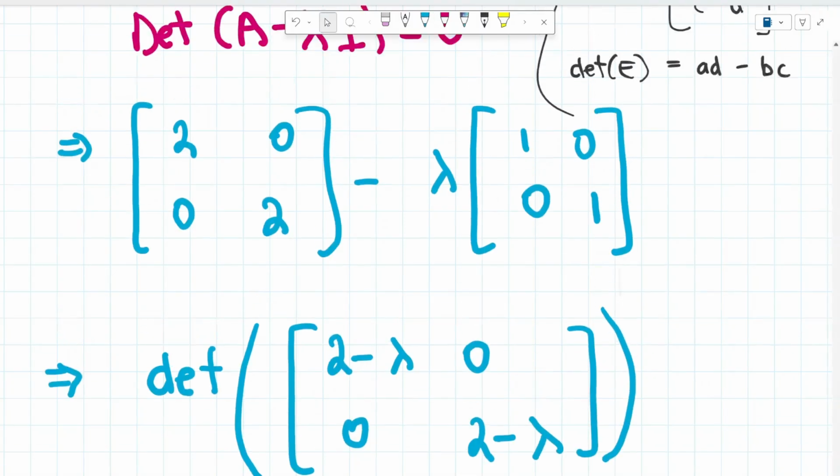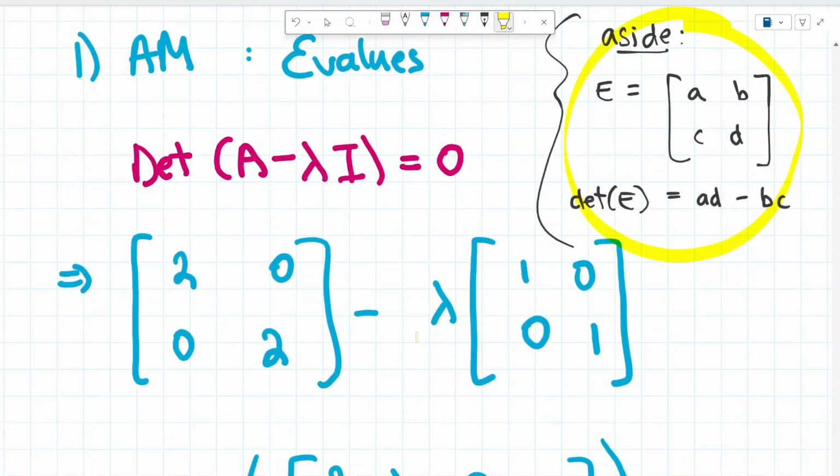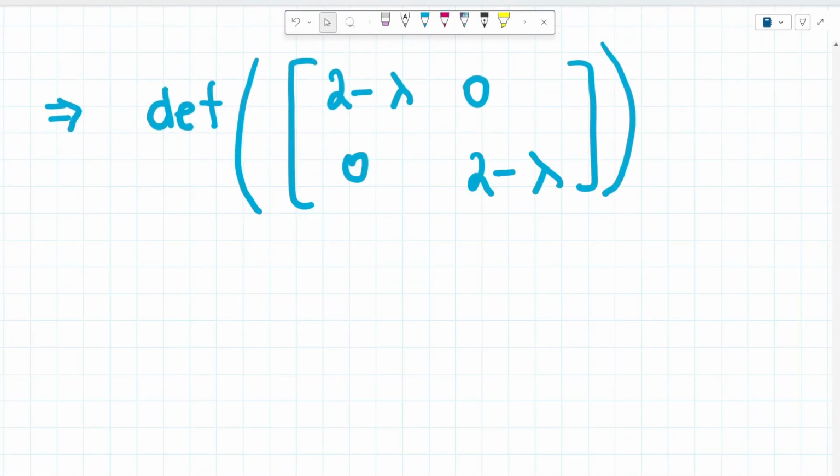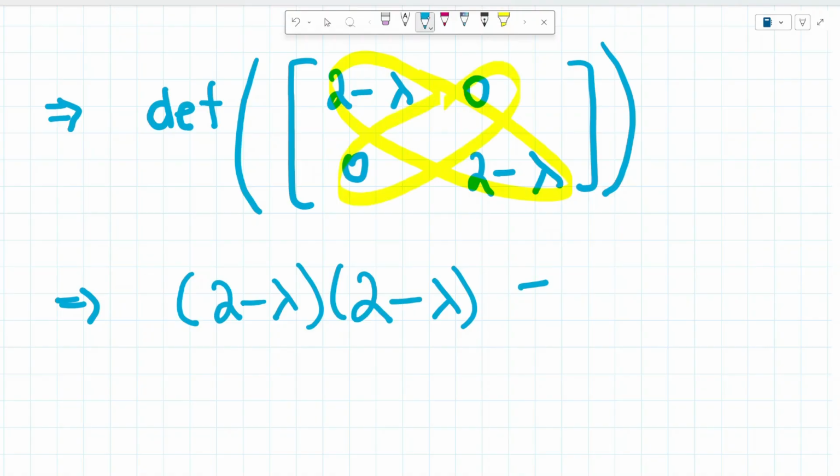Okay, so now we're going to use the little matrix formula that we learned. So let's see what we get. Our determinant equals our first diagonal multiplied together, so 2 minus lambda times 2 minus lambda, and then minus our second diagonal, so 0 times 0, and we're setting this all equal to 0.